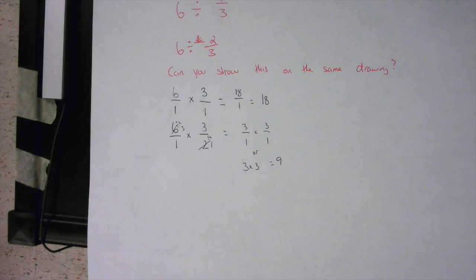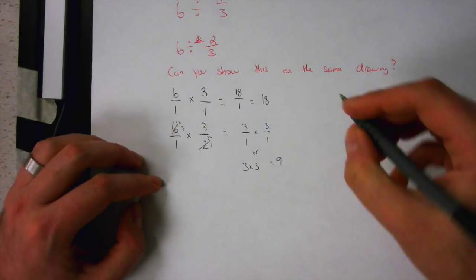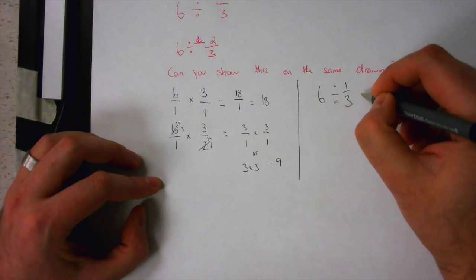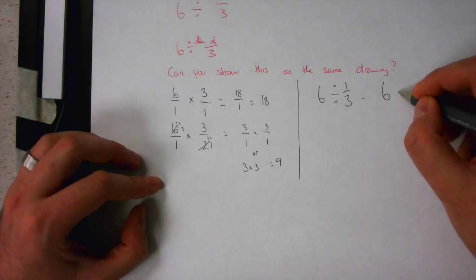Did anyone show a different way to solve this? Yes. So what I did was that I got 6 divided by 1/3, and I flipped 1/3 to 3/1, and then it was 3/1.